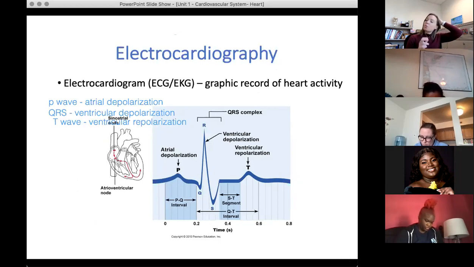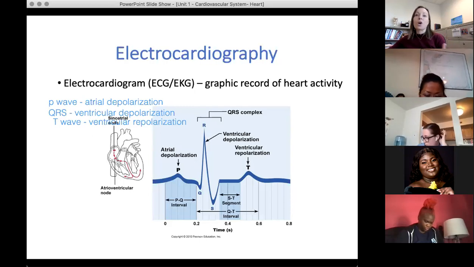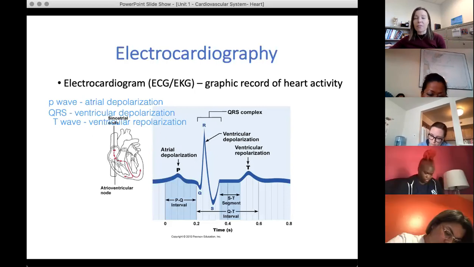So the two normal sounds that you tend to hear when you're listening to the heart, they say it sounds like a lub-dup sound, lub-dup, and then you keep hearing it over and over. So that first sound, the lub sound, is caused by the closing of the cuspid valves.